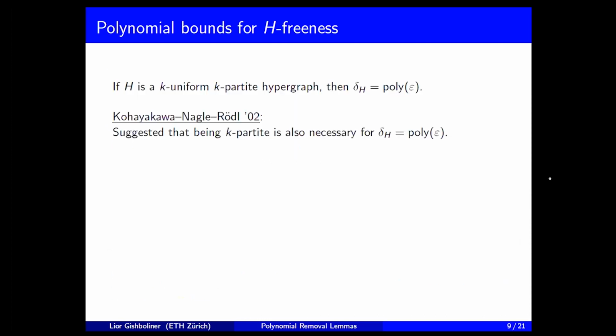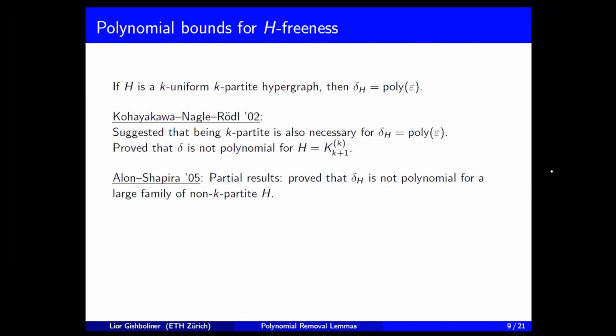And here, the question was if the same is true for hypergraphs. So Hàn, Nagle, and Rödl suggested that this should be the answer. And they also proved the special case where H is the clique, so the k-uniform clique with k plus 1 vertices. And then there was some work of Alon and Shapira, and they proved partial results.